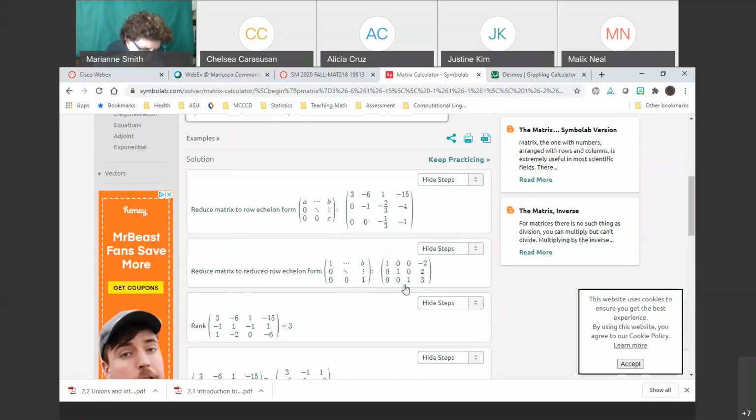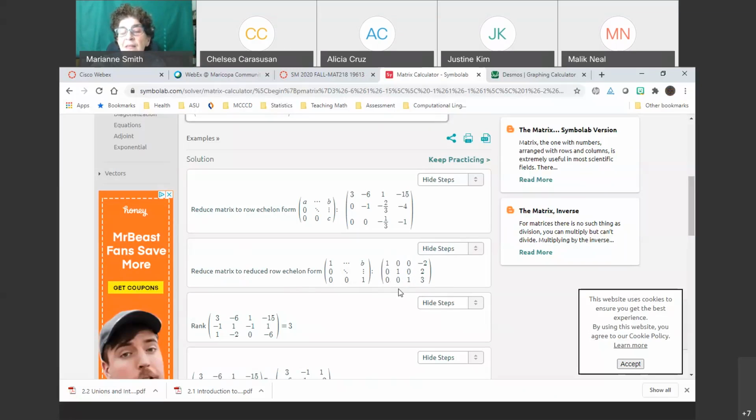You wind up with 1, 0, 0. I'm copying it down so that we can go back to the notes. What's crucial to realize is this part of the matrix is in reduced row echelon form. What that means is you've got 1s on the diagonal and 0s everywhere else.